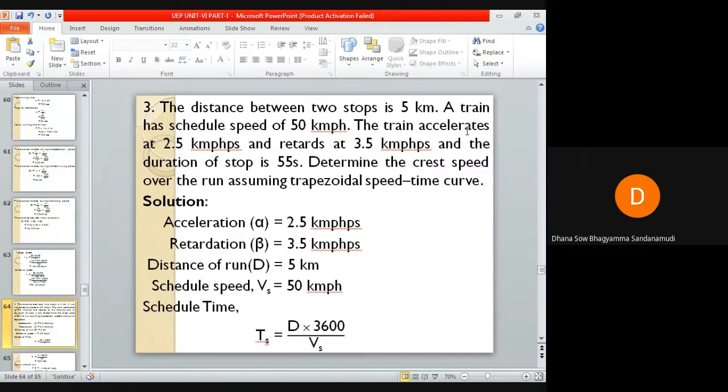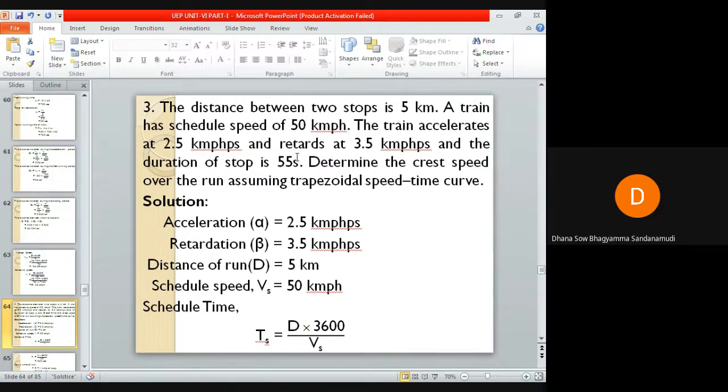And the train will accelerate at 2.5 kilometers per hour per second, means alpha. Acceleration is given, that is alpha value is 2.5 kilometers per hour per second, and retardation is also given, that is beta, equal to 3.5 kilometers per hour per second, and the duration of stop is given, that is 55 seconds.